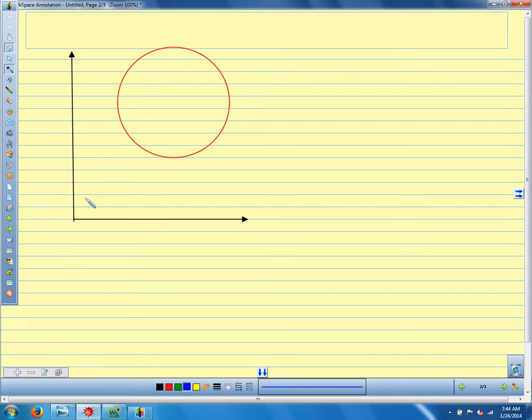So we have some kind of curve like so. And we're going to say that this is the osculating circle. There's our point where it's tangent, and we want to find the equation of this circle.